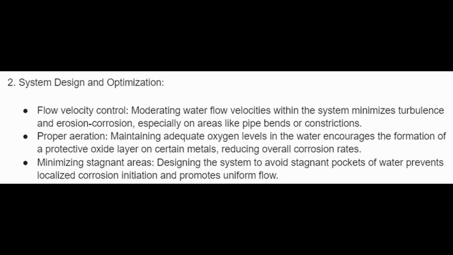Proper aeration: maintaining adequate oxygen levels in the water encourages the formation of a protective oxide layer on certain metals, reducing overall corrosion rates. Minimizing stagnant areas: designing the system to avoid stagnant pockets of water prevents local corrosion initiation and promotes uniform flow.